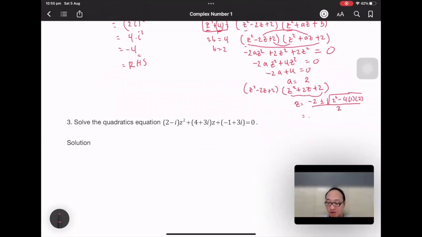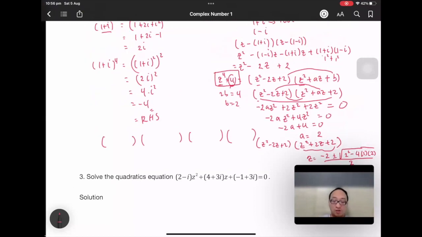So this is negative 2 plus minus square root of 4 minus 8, so negative 4, over 2. So that means z equals negative 2 plus minus 2i over 2, since the square root of negative 4 is 2i. So in total, there are 4 roots.